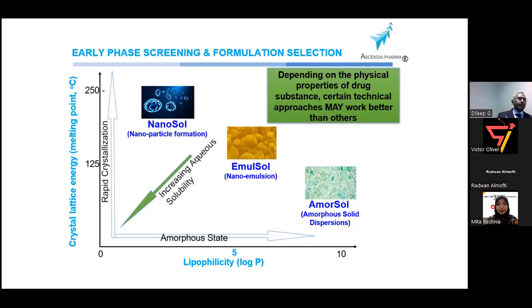So the idea is how you can make it more soluble, and this depends on the log P. Log P is the partition coefficient between the organic phase and the aqueous phase, and we can choose this in a certain technology. So for example, if you're using amorphous dispersions, typically they have very high log P, but if it's a lower log P, you can use the lipid nanoparticles, right? So we call them Nanosol and Emersol.